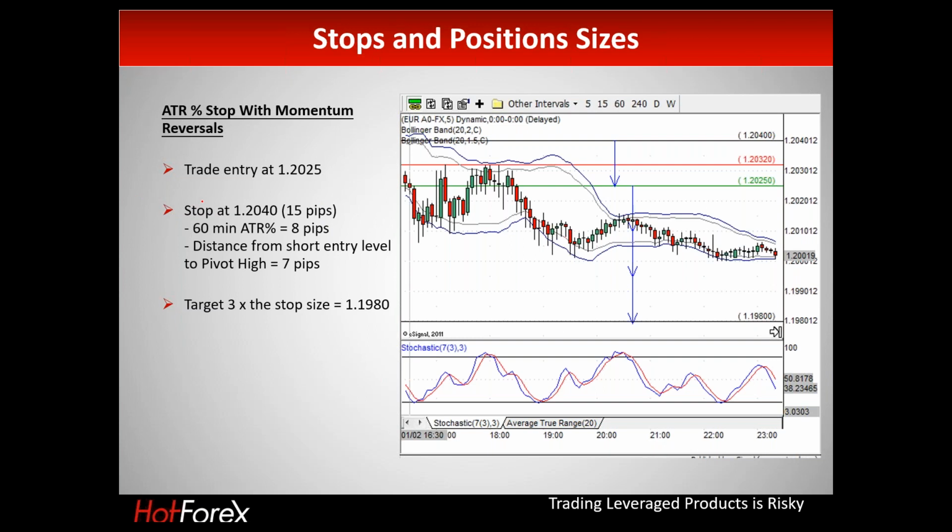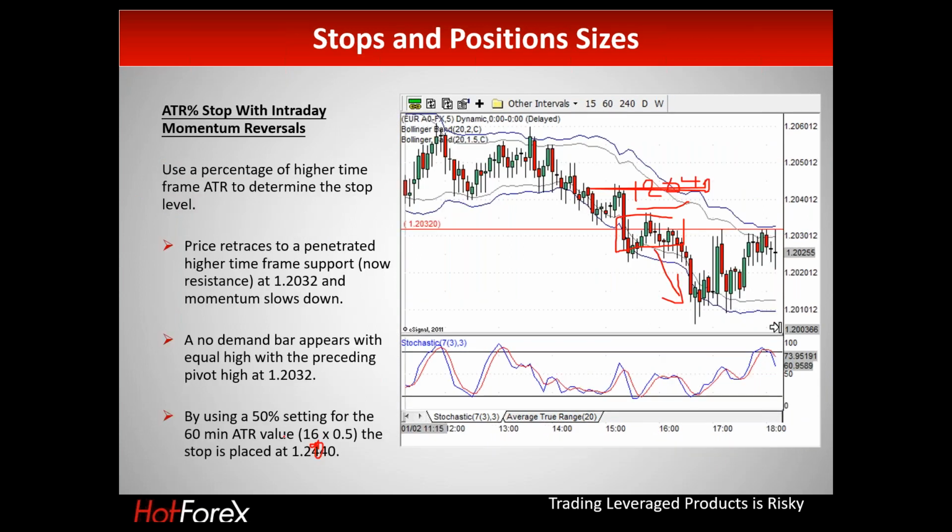Let's assume that we took ATR as well. Remember, ATR was 16 pips, right? You can identify your target area based on your risk and reward.